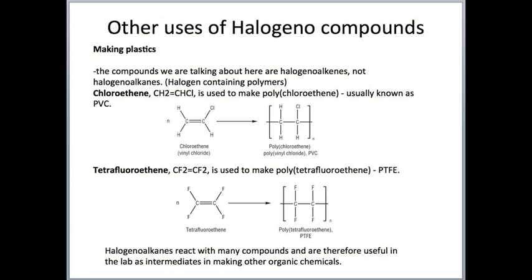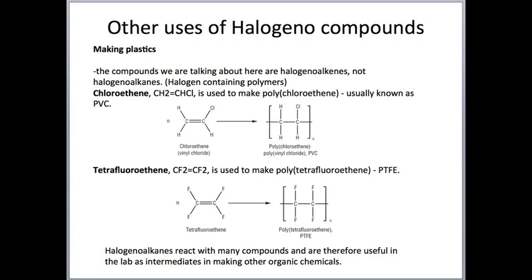Let's look at some other uses of halogeno compounds. Well, making plastics. So we're not strictly speaking about halogenoalkanes, but it's more correct to say that we're dealing with halogenoalkenes. And these are used, as we discussed in a previous video, in chloroethene or tetrafluoroethene.